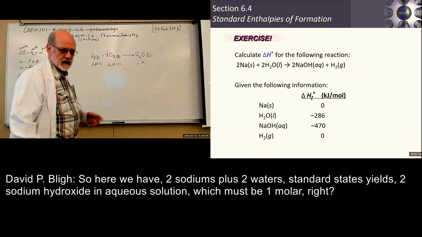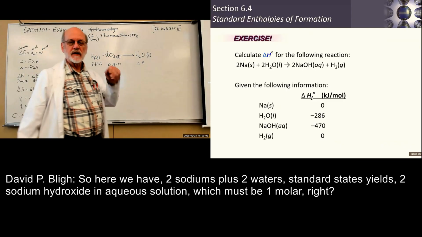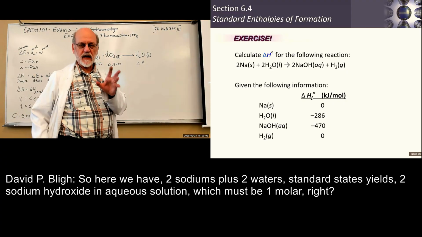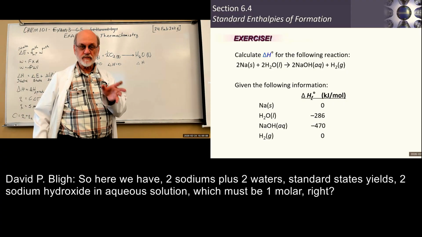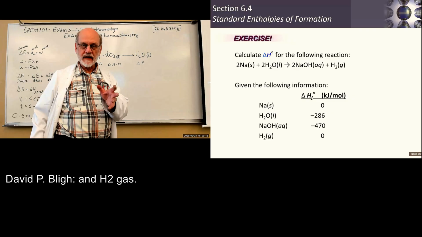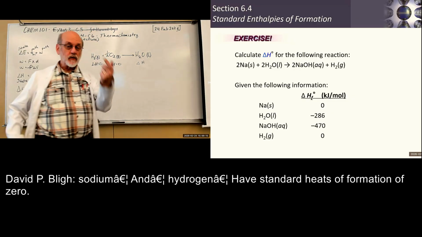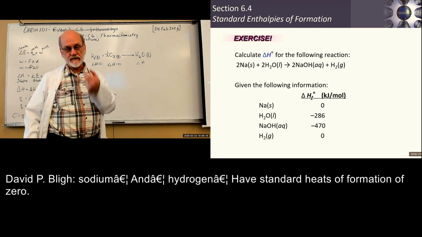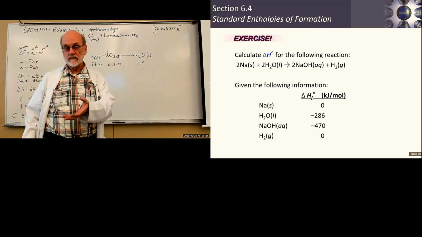So here we have 2 sodiums plus 2 waters, standard states, yields 2 sodium hydroxide in aqueous solution, which must be 1 molar, right? And H2 gas. Sodium and hydrogen have standard heats of formation of 0.